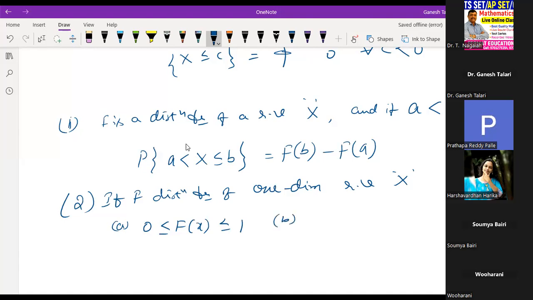Second one, F of x is less than or equal to F of y if x is less than y.